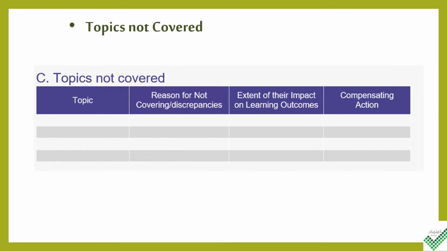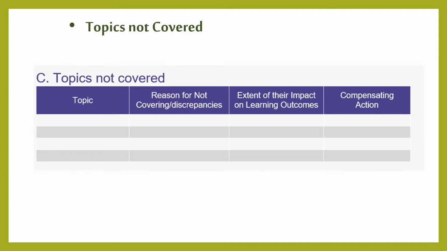Of course, as you see, if you write the topic, you have to write the reason why you didn't cover it, and the extent of not covering this topic, which will affect the learning outcome. You have to specify the impact on the learning outcome. If there is no impact, you can write that there is no need for a compensating action.